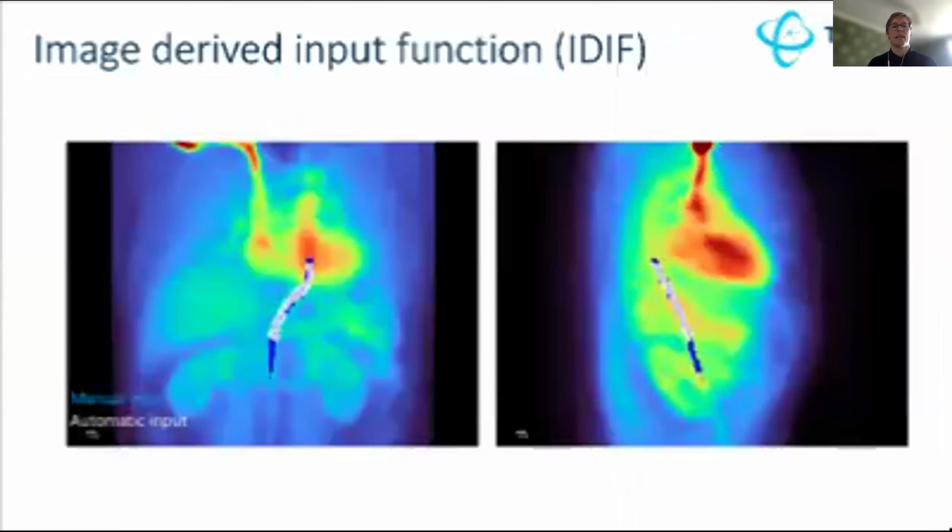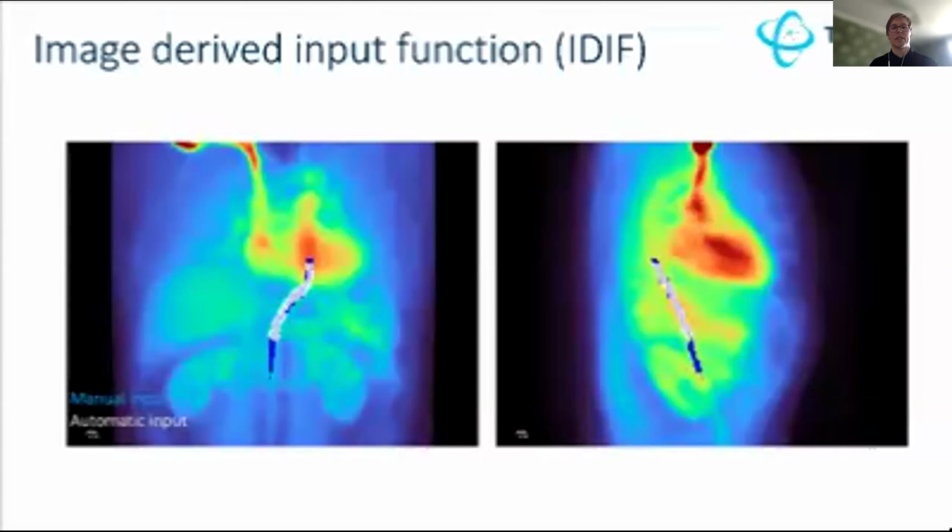And especially these segmented cardiovascular structures allow for creating an automated input function for quantifying the PET data. And for the modeling, we have chosen to use an image-derived input function from the descending part of the aorta, which works well for analyzing most body organs.